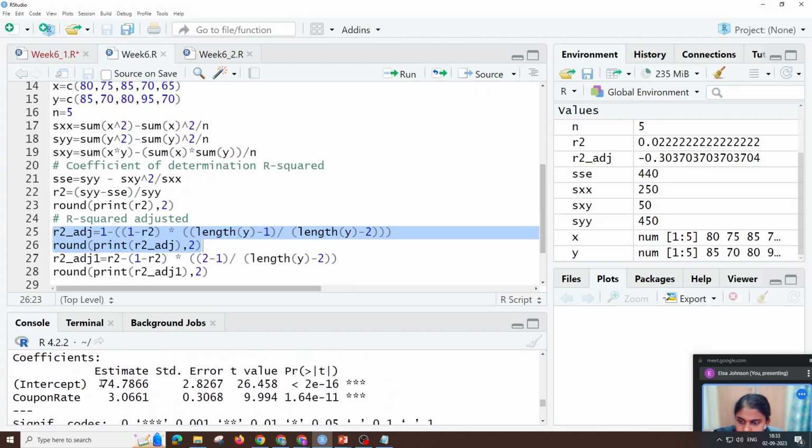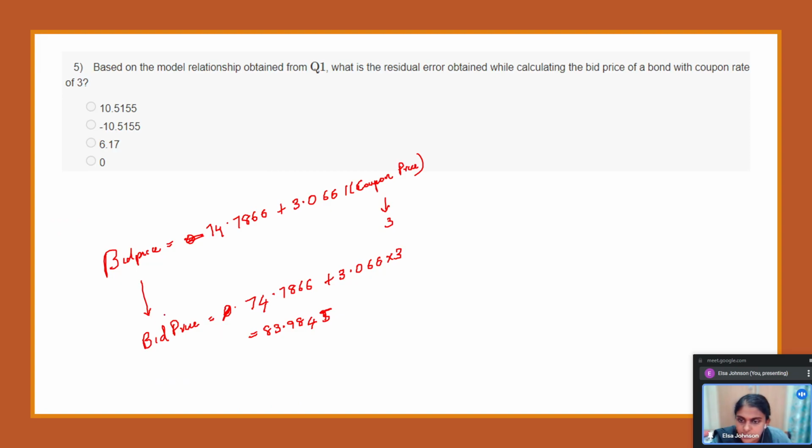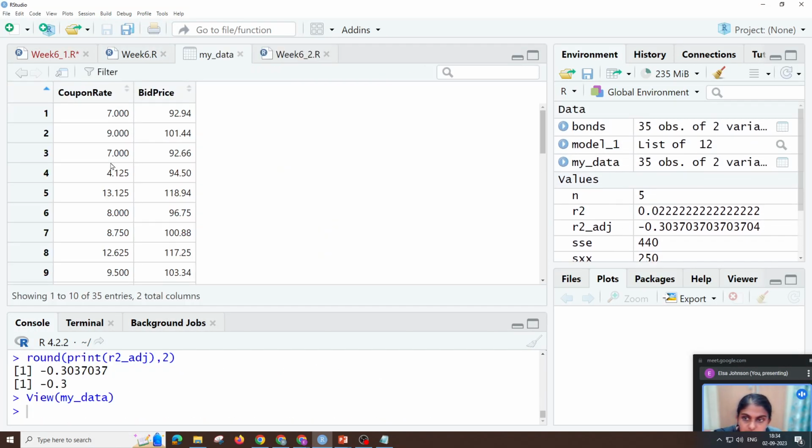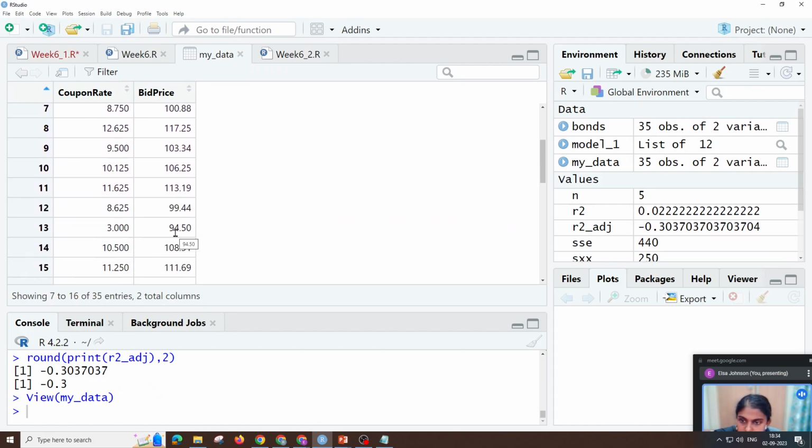So from these values we have taken, then what you have to do is find the real value of y at the coupon rate 3. For that you check my data, and for 3 its value is 94.50.